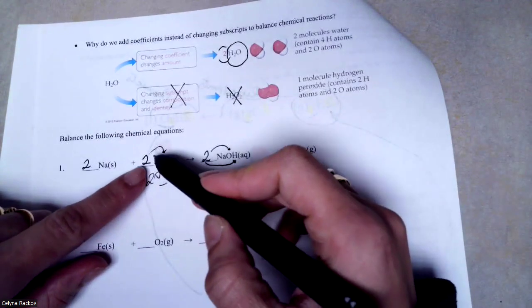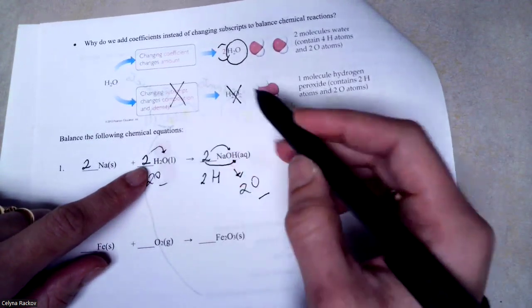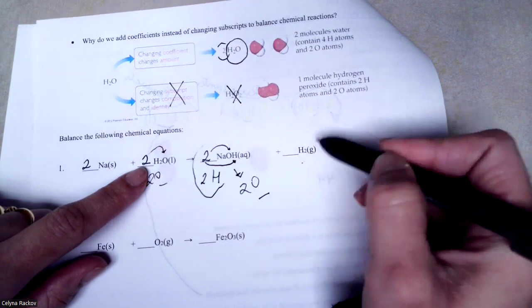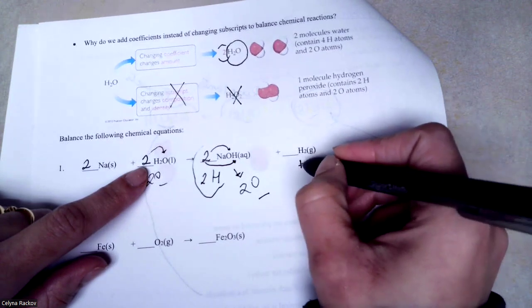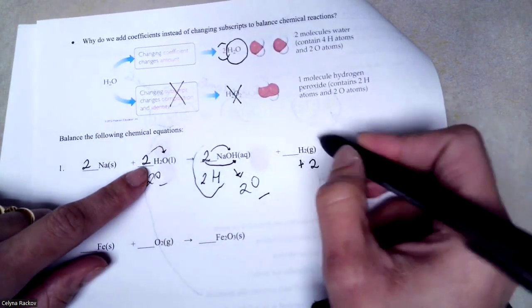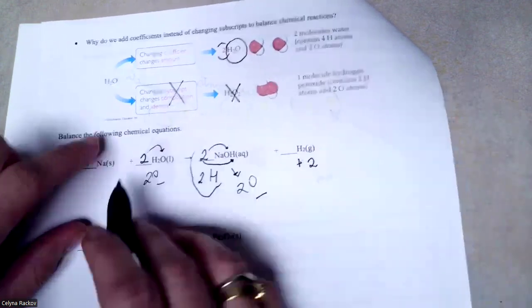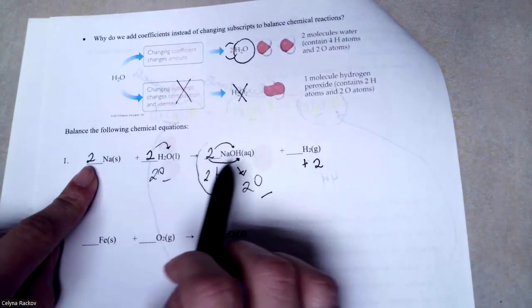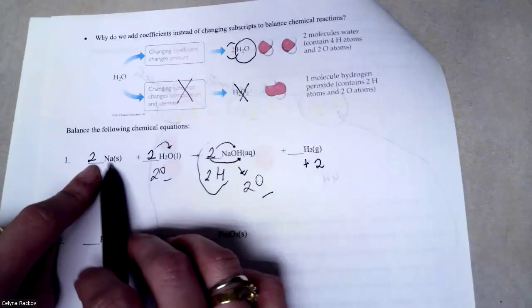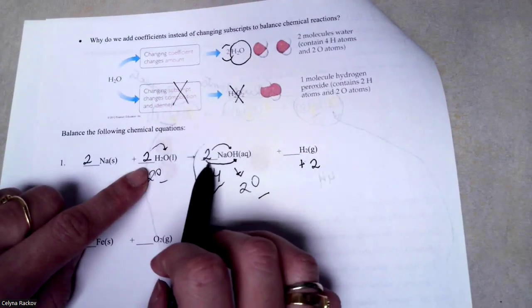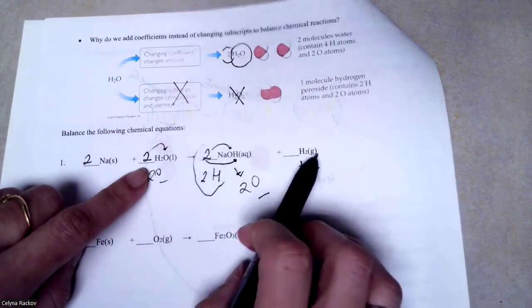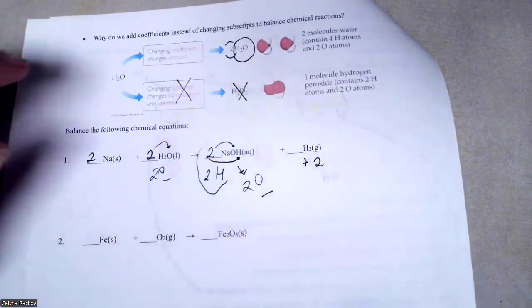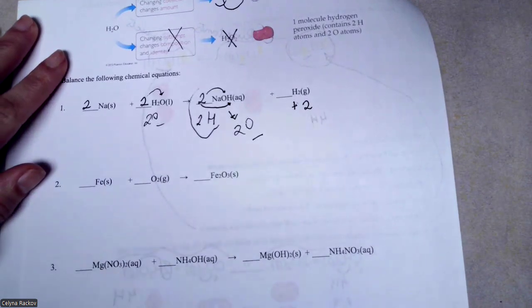And hydrogens, 2 times 2, 4. This one has 2 hydrogens plus 2 from this hydrogen. So in that case, the balanced chemical equation is 2 sodiums, 2 waters, 2 sodium hydroxide, and 1 hydrogen gas. So this is the balanced equation here, right? The next one, let's see.